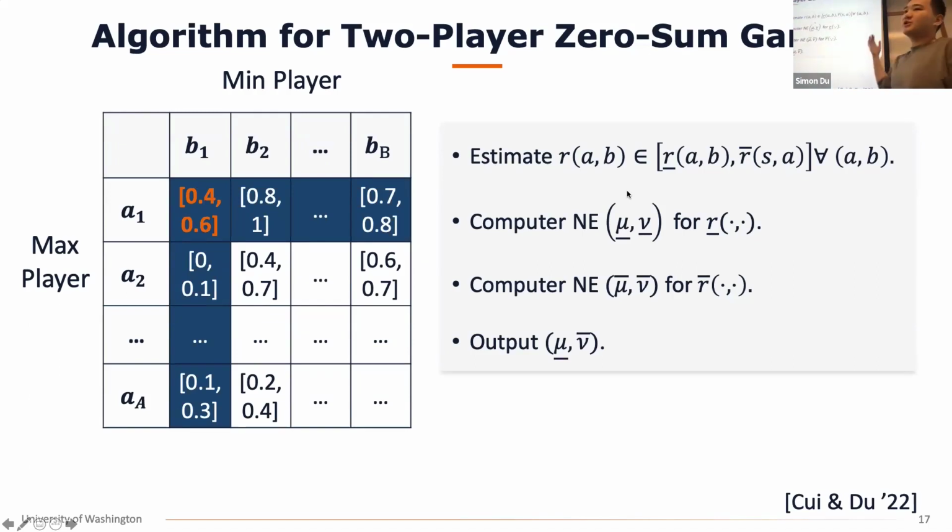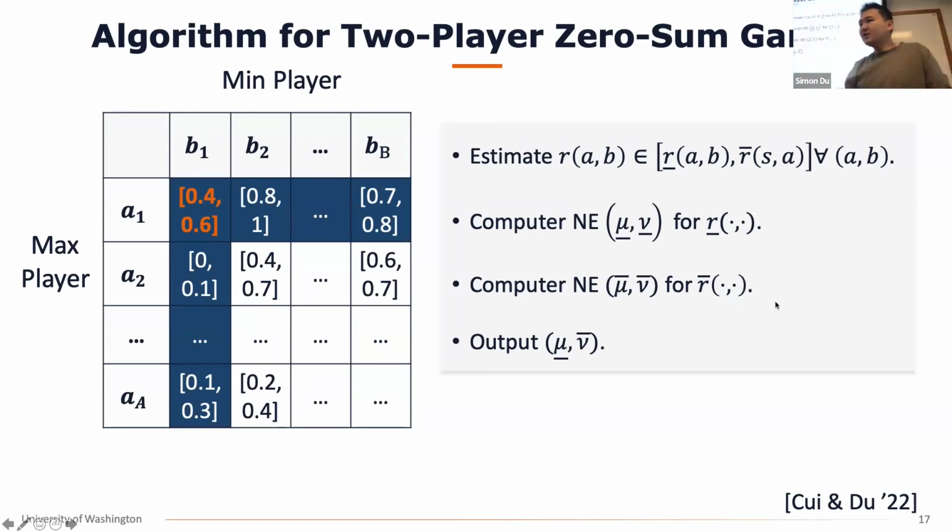Then you use just the lower bounds to compute a Nash equilibrium. And then you also use the upper bound of the reward to compute another pair of policies. So this mu sub bar, nu sub bar is the Nash equilibrium computed from the lower bound of the reward, and this mu up bar and nu bar is the Nash equilibrium computed from the upper bound of the reward.